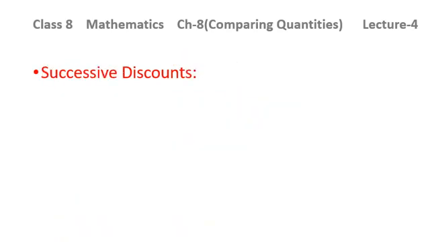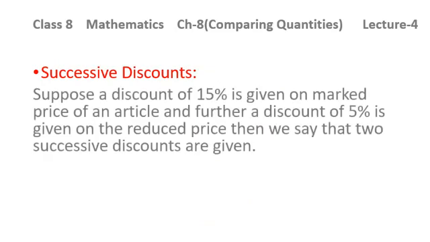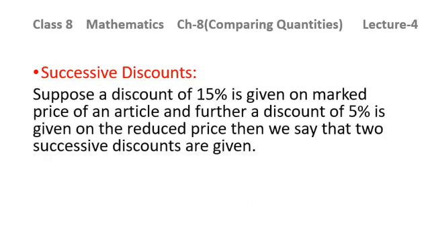Now coming to the next topic, that is successive discounts. Successive discounts means, suppose a discount of 15% is given on the marked price of an article. A shopkeeper is saying that a discount of 15% is given on the marked price of an article, and further a discount of 5% is given on the reduced price.